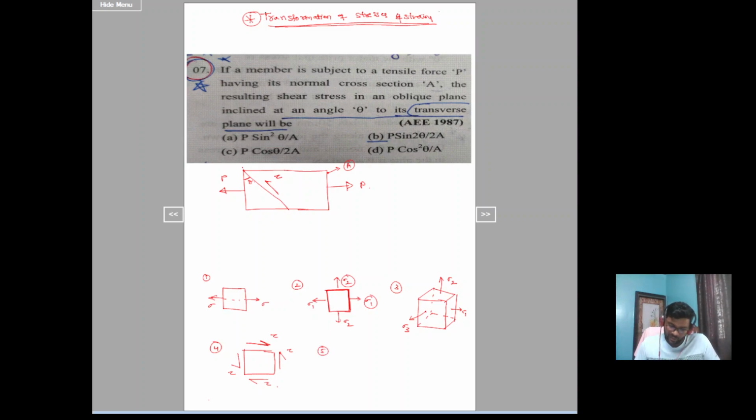And the fifth one is, sorry, the fifth one is the spherical stress condition. It is a special case of the triaxial stress condition. What is the difference between the triaxial stress condition and the spherical stress condition? In this case, sigma 1, sigma 2 and sigma 3 will be equal in magnitude and of the same nature.